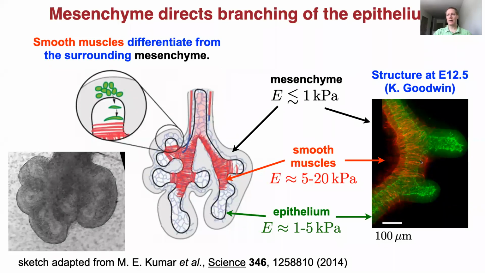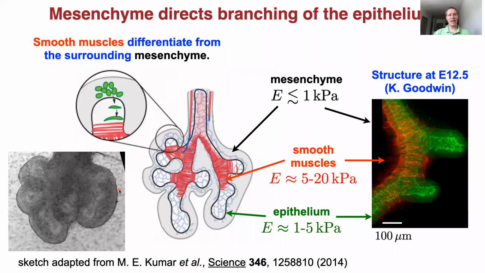And then the outside of the epithelium, this outside region, is called the mesenchyme. It's this mesenchyme that provides all of these chemical signals to the epithelium about where it should grow and branch.